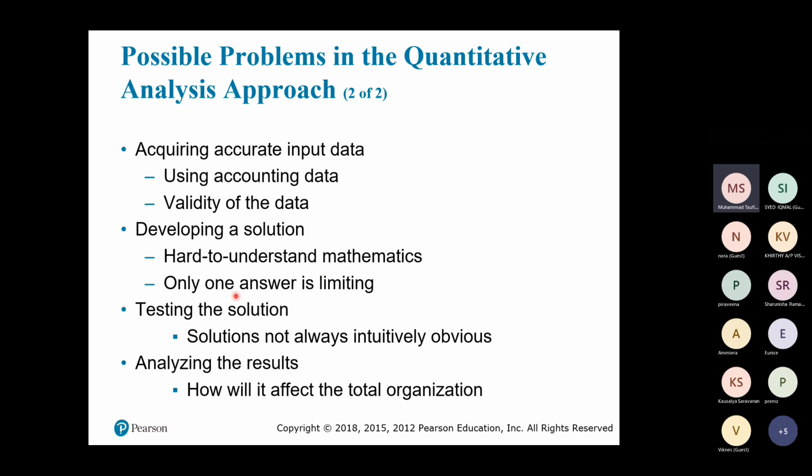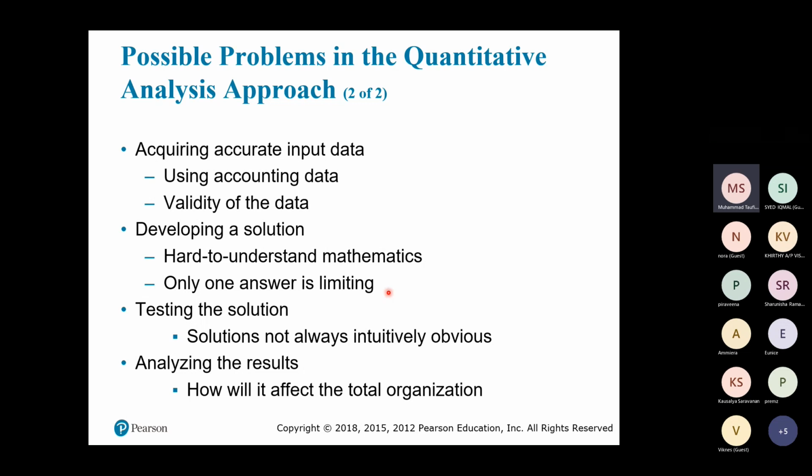And then, having only one answer is limiting. Sometimes there is more than one way to solve the problem. You can have multiple techniques to solve the problem, but using quantitative analysis, you will only come up with one solution based on your model.